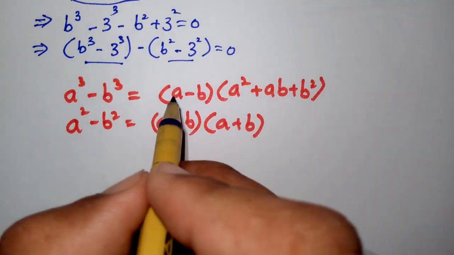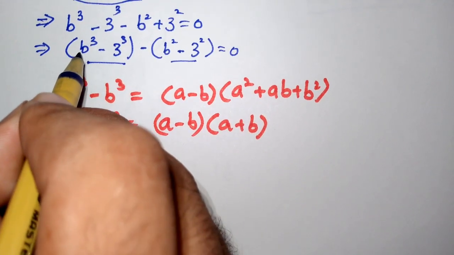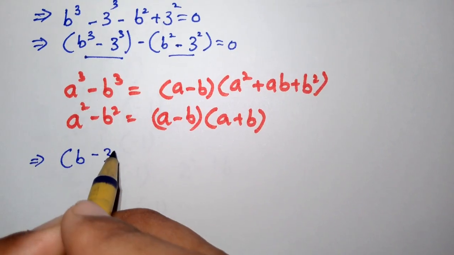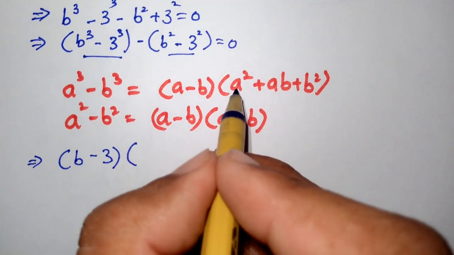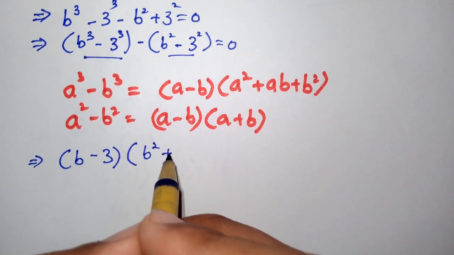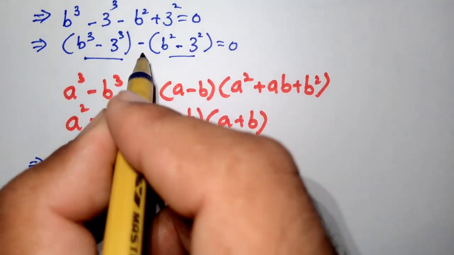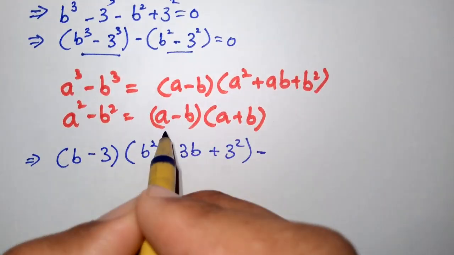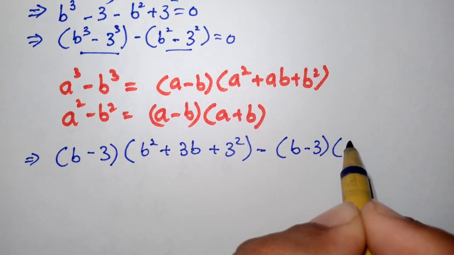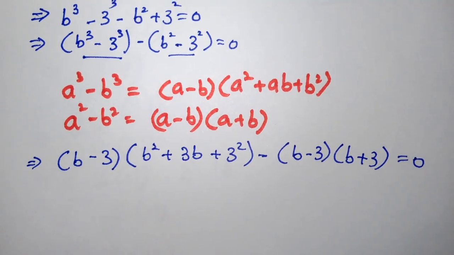Now we have to apply this identity for b cube minus 3 cube. This will become b minus 3 times b square plus 3b plus 3 square, minus, and for this we have to apply this identity. This will become b minus 3 times b plus 3 is equal to 0.